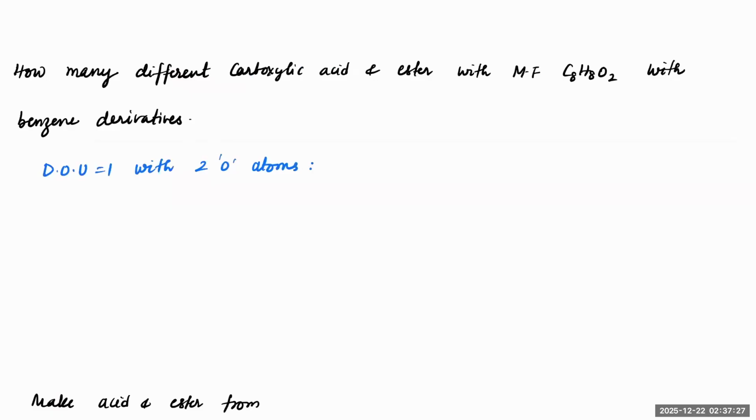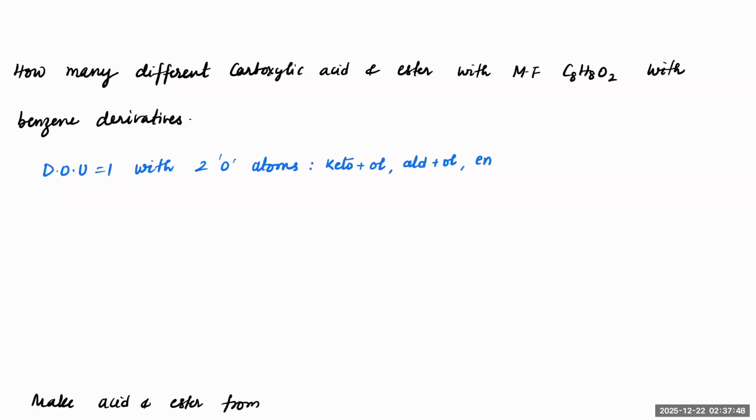So one possibility is ketone, or ketone plus one oxygen will be alcohol, ketone plus ol, or aldehyde plus ol. This is the form we can have.